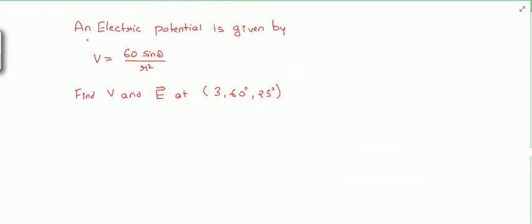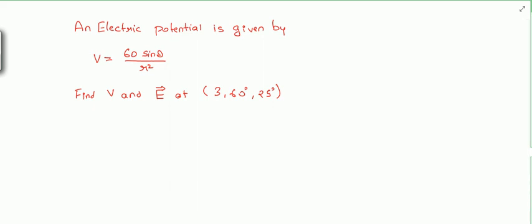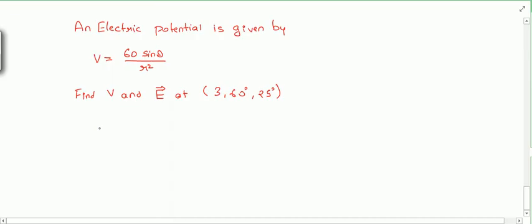Now here you can see one question. An electric potential is given by this expression, and find V and E at this point. So V can be easily found out because the expression is given. You just have to put in these values. Here these values are r, theta, phi.